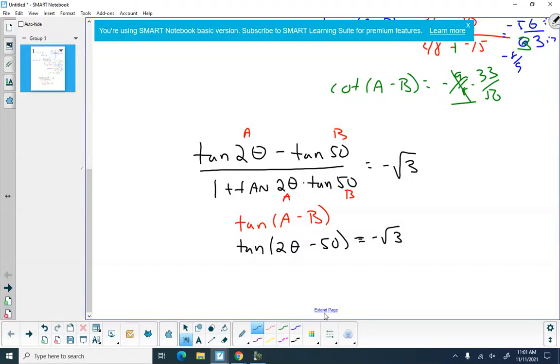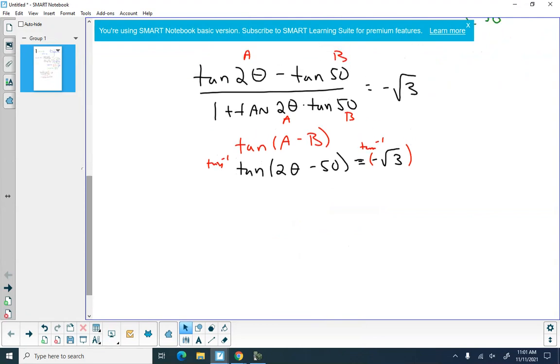So let's take the inverse tangent of, don't lose your negative sign, negative square root of 3. So we can click it and make sure we're in degree mode: inverse tangent, negative square root of 3.